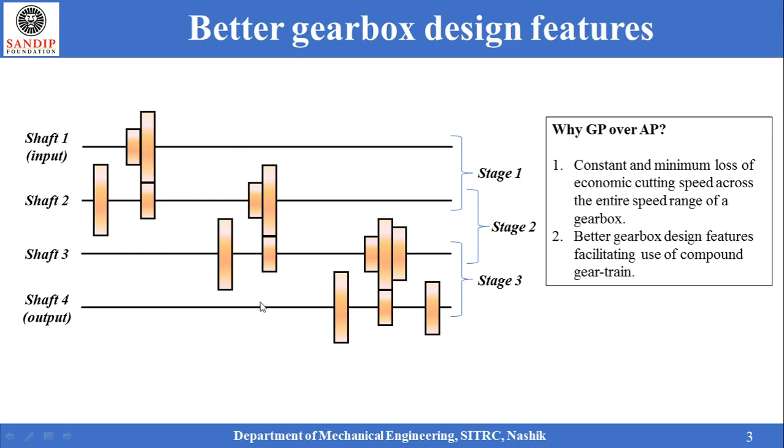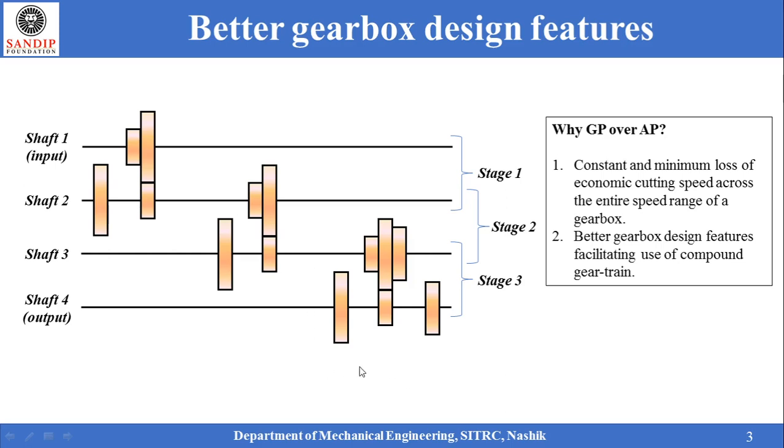Thus, stage 2 will have 2 driving gears on shaft 2 and 2 driven gears on shaft 3. So there will be a total of 2 gear pairs. Now shaft 3 will become the driving gear for stage 3 and shaft 4 will be the driven gear of stage 3. You can observe there are 3 gear pairs in stage 3.